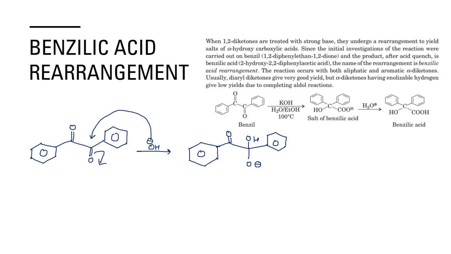And what will happen after this? The negative charge from O minus will move towards the carbon, and this phenyl will migrate all the way over here. So 1, 2, 3, a system like this gets generated.